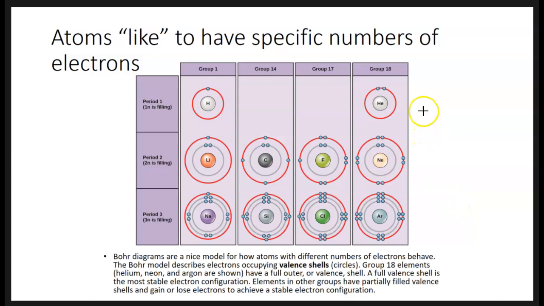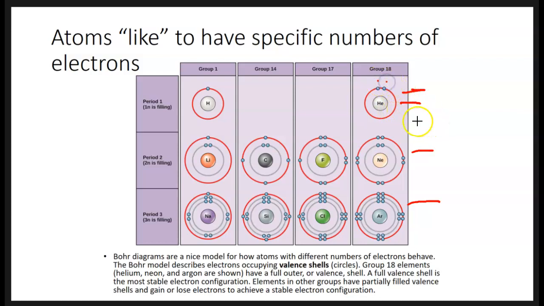So in the Bohr model we have the nucleus, and then surrounding the nucleus are these rings where the electrons hang out. And in the Bohr model, atoms like to have a specific number of electrons in each one of those rings. The innermost ring, which is period 1, can fit up to 2 electrons.